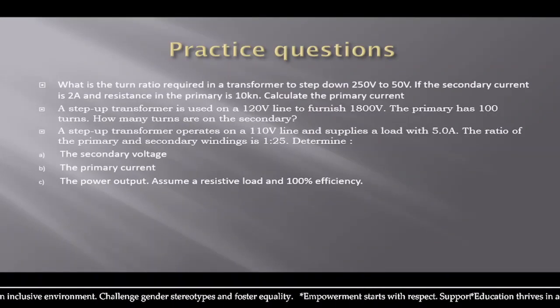The first example says: what is the turn ratio required in a transformer to step down 250 volts to 50 volts if the secondary current is 2 amps and the resistance in the primary is 10?